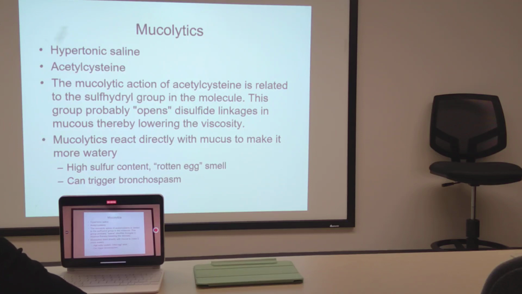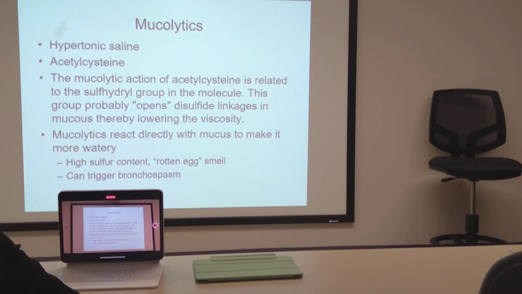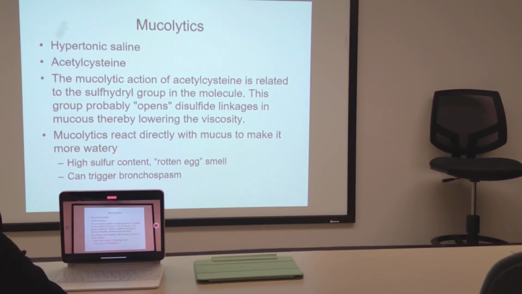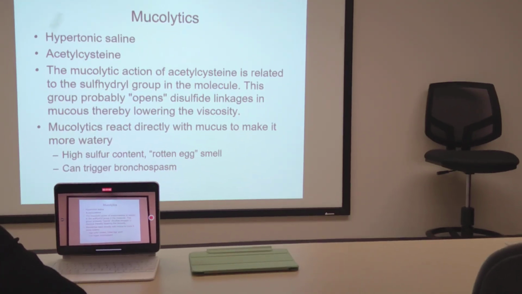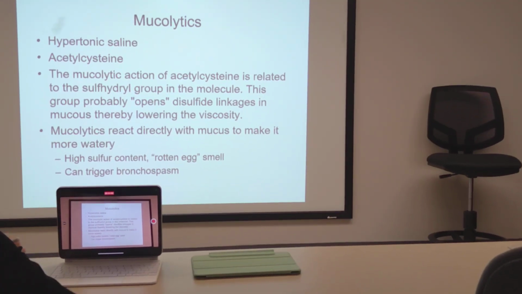And this group probably opens disulfide linkages in mucus, thereby lowering the viscosity. That's how it works. And mucolytics react directly with mucus to make it more watery. Because it has a high sulfur content, it has this rotten egg smell, okay? And also it may trigger bronchial spasm. So that's mucolytics.